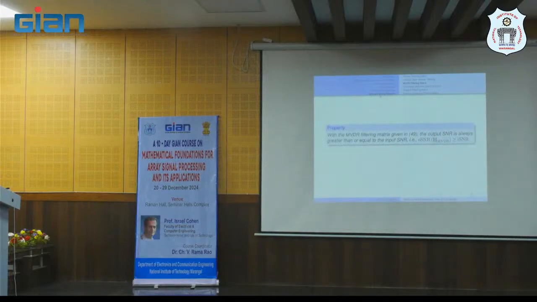If you take P prime smaller and smaller, you increase the output SNR, you reduce more noise, but you also increase distortion. Okay? But even if you take all these components, of course, the output SNR is at least the input SNR.